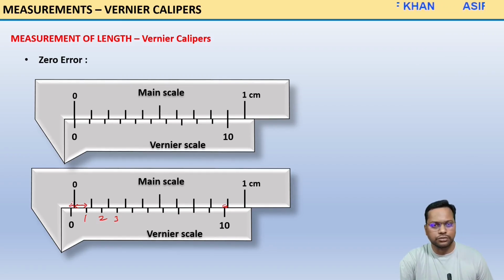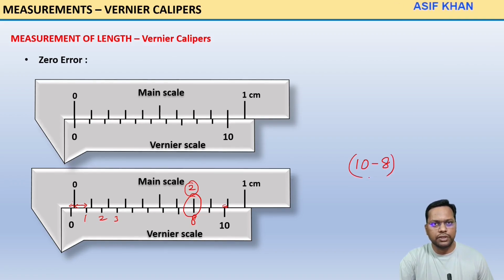In that case, the division that is coinciding is just say this one, the 8th one. If you count from the left side, it is the 8th one, but if you count from the right side, it is the 2nd one. How do you get this division? Here the total number of divisions is 10. Then you subtract the division number from the total number of divisions, that is 10 minus 8.